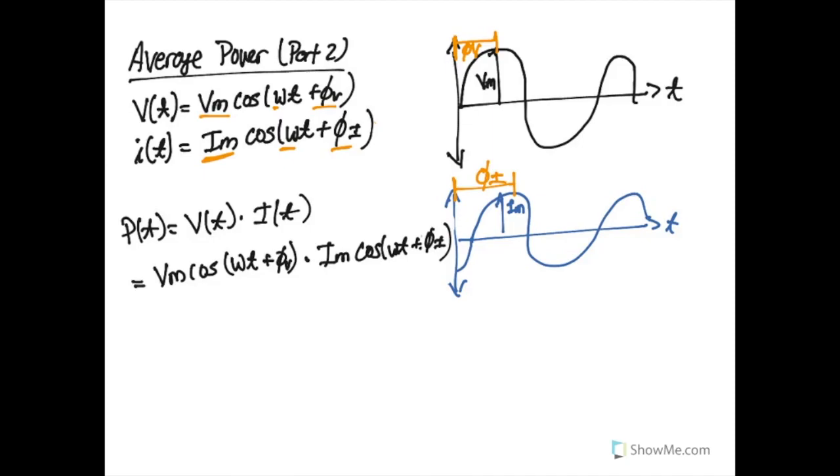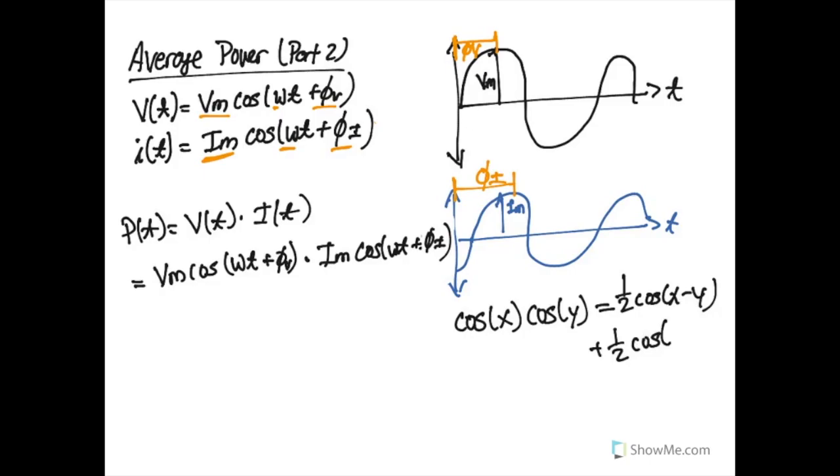But we have another trig identity that we can use that says if you have the cosine of some object x times the cosine of another object y, then the result of those two is 1/2 cosine of x minus y plus 1/2 cosine of x plus y. And so applying that relationship to this power function here, we end up with Vm Im over 2, because that's the 1/2 piece.